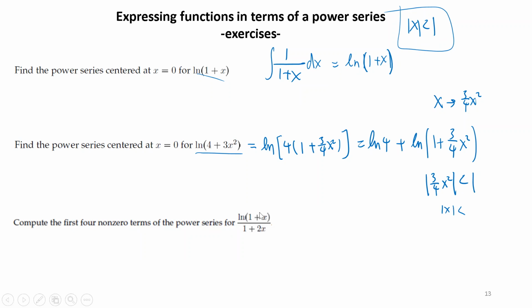Next, what about this one? If I just have log of 1 plus x, I know what it is. If I just have 1 divided by 1 plus 2x, I also know what the answer should be. But what if I multiply them together?